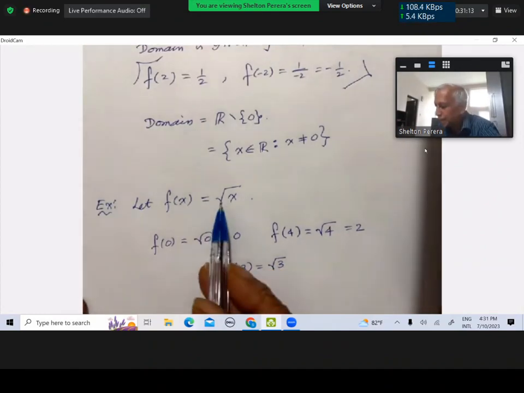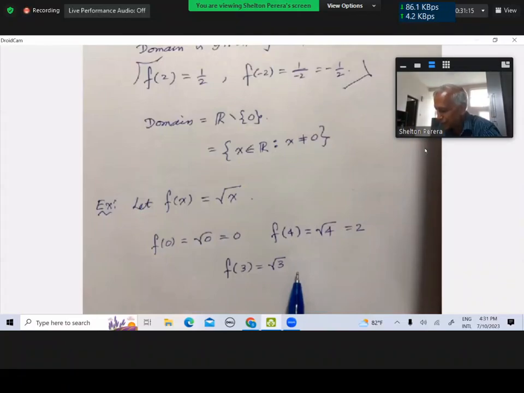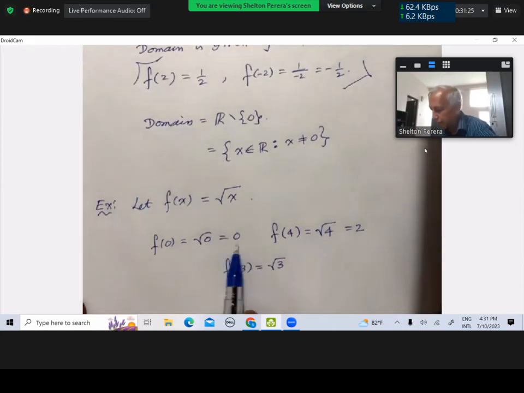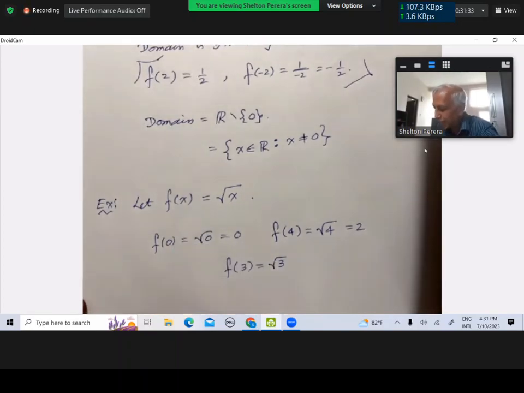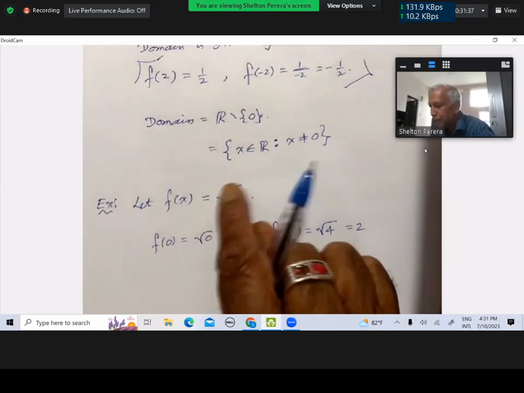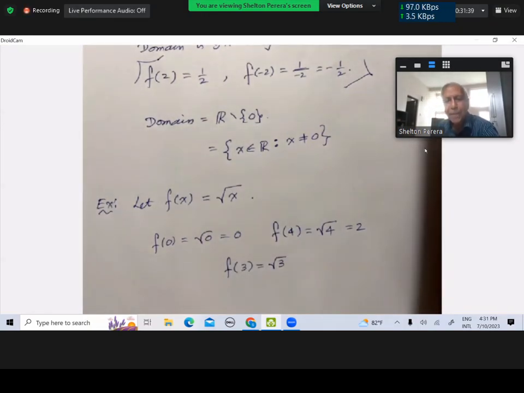But anyway, what we are trying to do is to understand the domain of this function. So if you input 0, you get a real number 0. Any positive number like 3, 4, any positive real number, we get square root as a real number.